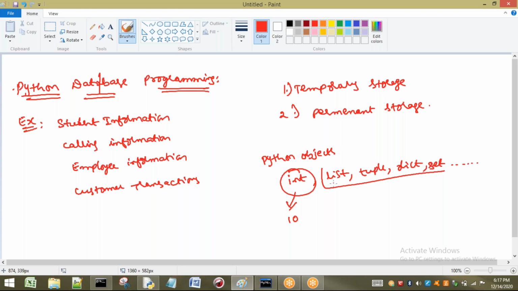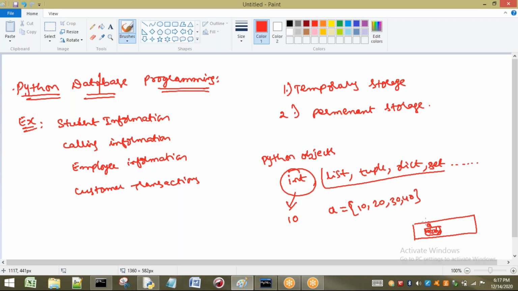If I create a equal to 10, 20, 30, 40, this is written in my program. Whenever I execute this program, then internally what happens? Internally, for this a, some memory is going to be created, and in that 10, 20, 30, 40 will be present.